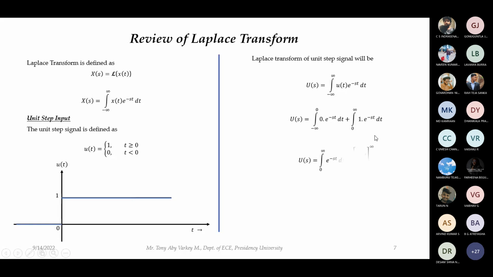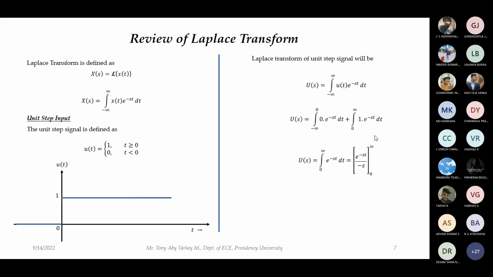Okay, so what is the integral of e to the power minus st? It is e to the power minus st divided by minus s, between the limits 0 and infinity.